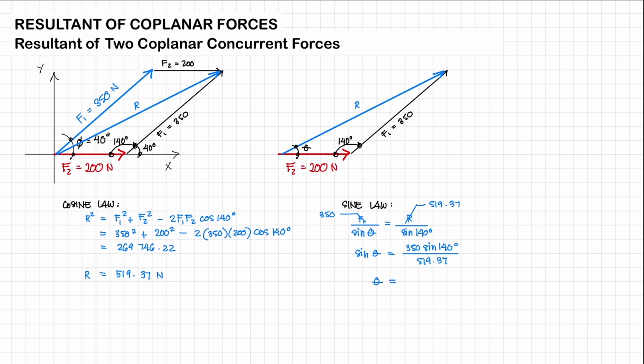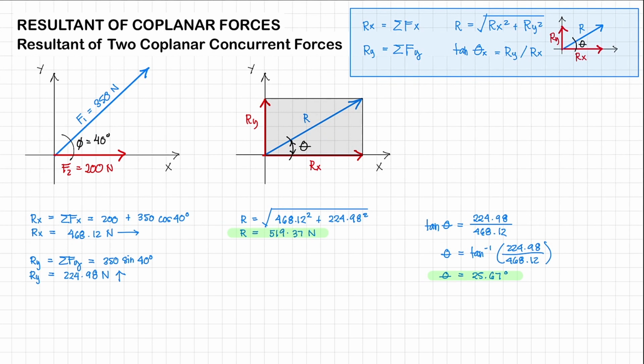So this is going to be arc sine of 350 sine 140 degrees divided by 519.37. Alright, so angle theta is going to be equal to 25.67 degrees. So this is the resultant, and this is our direction. So it has the same result, just like on our first solution.